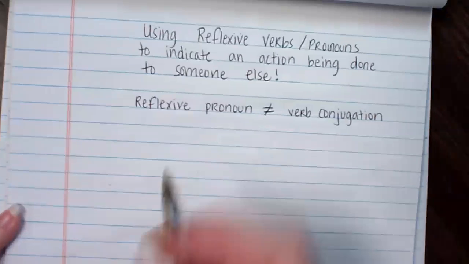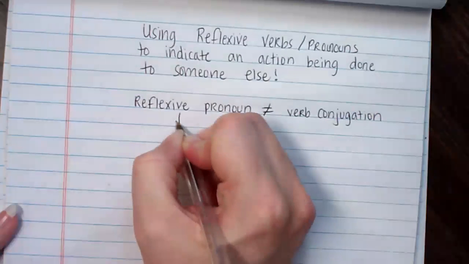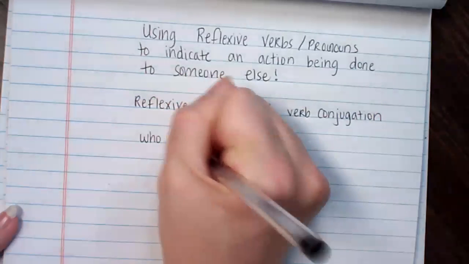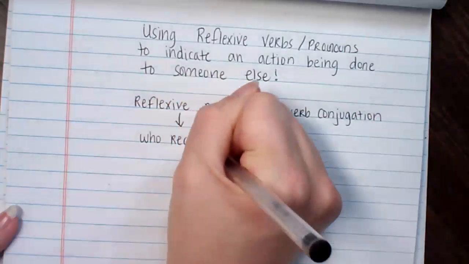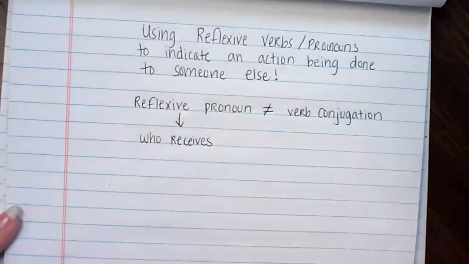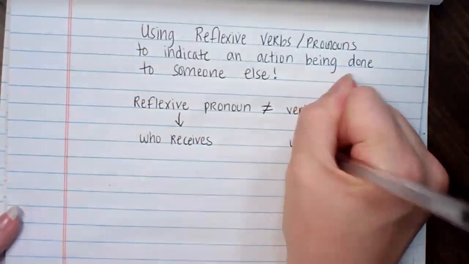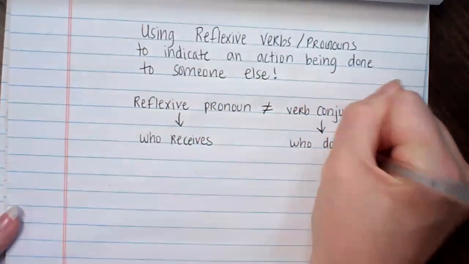So the reflexive pronoun is going to show who receives the action. And the verb conjugation is going to show who does the action.